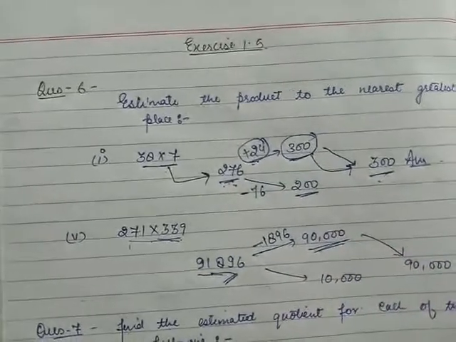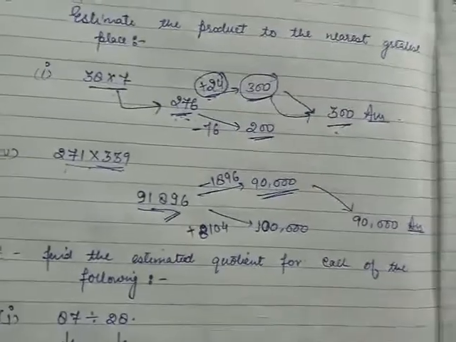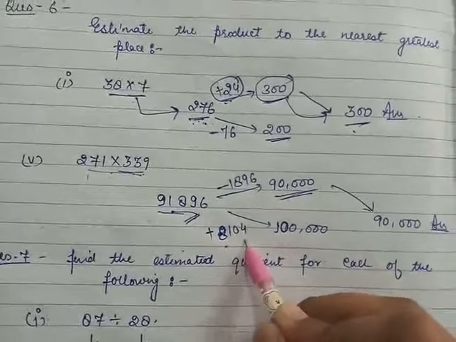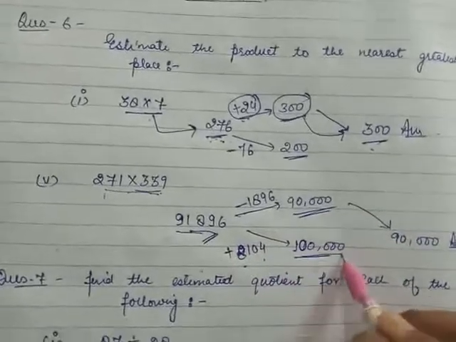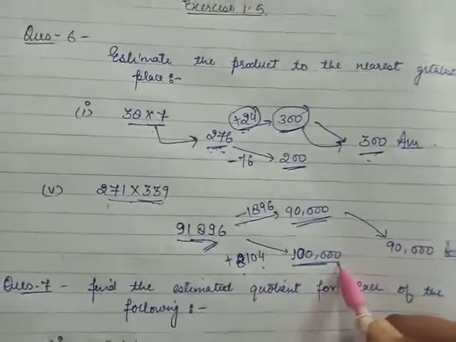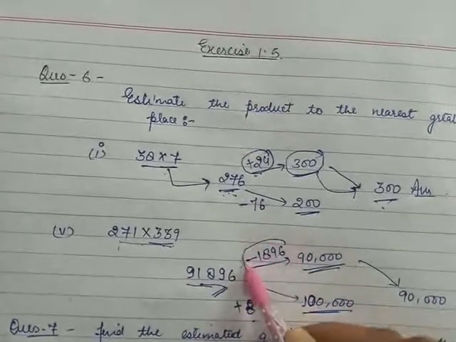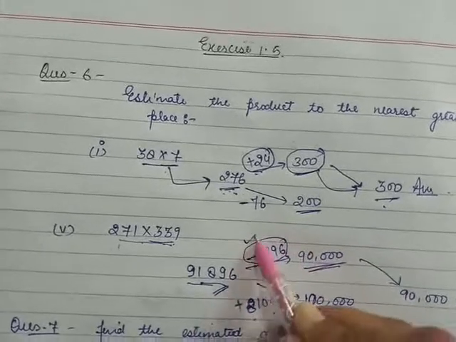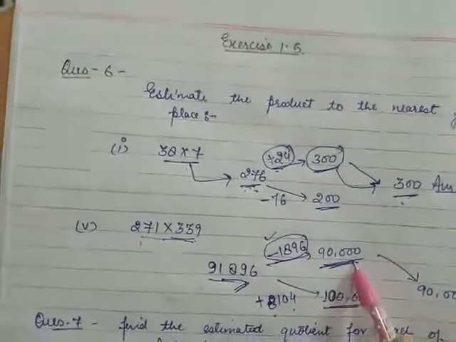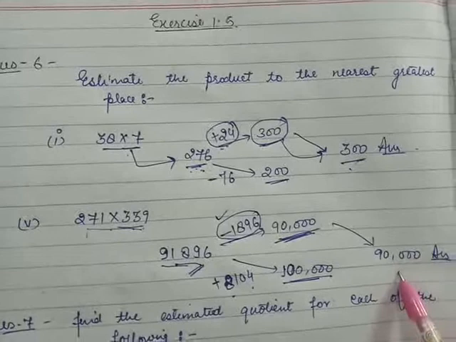But if you add 8,104, you will get 1 lakh. So we will give priority to the least number, that means we give priority to this, and 90,000 will be the nearest greatest place.